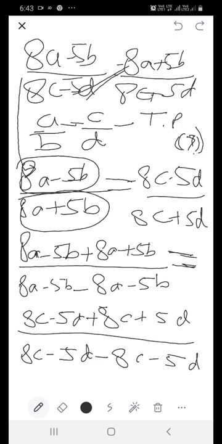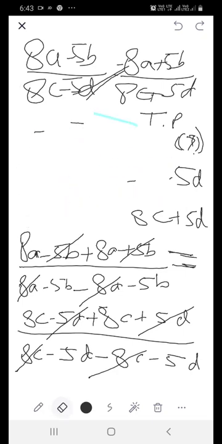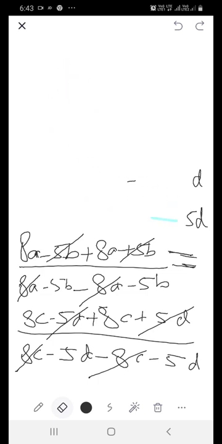Now what do you see? Minus 5b plus 5b cancelled. In the denominator, this cancelled. And on the right hand side also, these two terms cancelled. In the denominator, these two terms cancelled. Now what are you left with? Whatever you are left with, now you are going to write that.